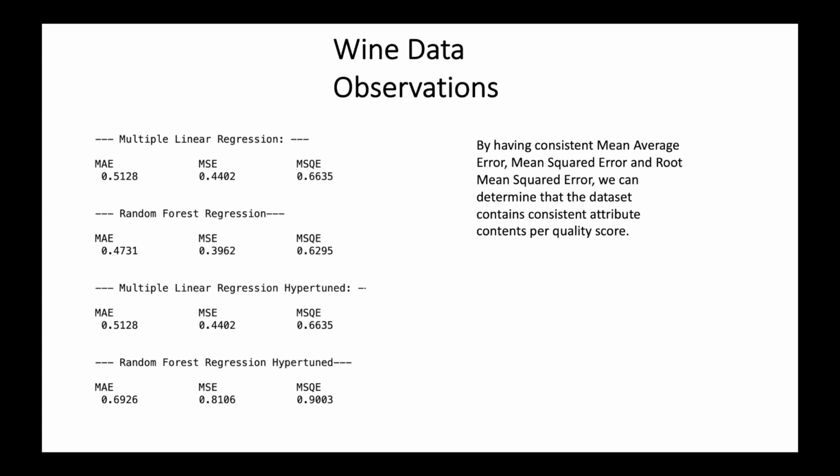As we can see, we have consistent outputs for the mean average error, the mean squared error, and the root mean squared error, which tells us that the dataset contains consistent attribute contents per quality score, meaning that quality score 10 contents are consistent throughout the dataset with each other.